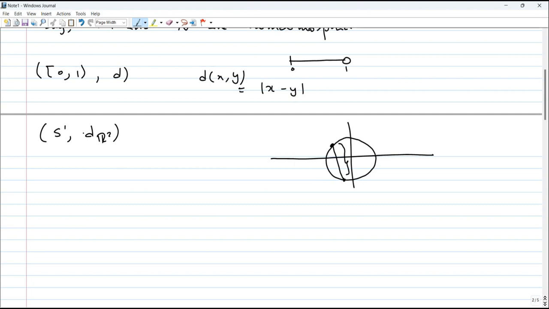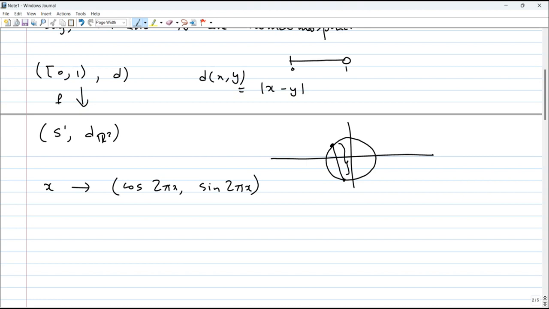So now let us look at a function f that goes from this half-open interval to the circle, where x goes to (cosine of 2 pi x, sine of 2 pi x). You will see that this function is continuous.